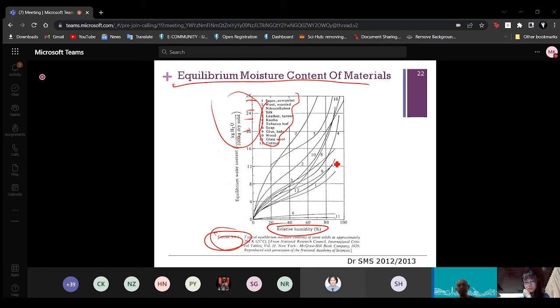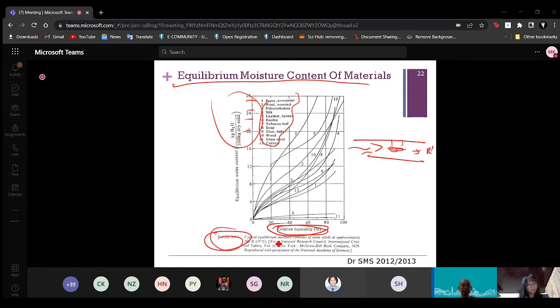You have a tray dryer, you put in your material, your air is going out, and then you need to measure its relative humidity. Why? Because you want to know your equilibrium moisture content.